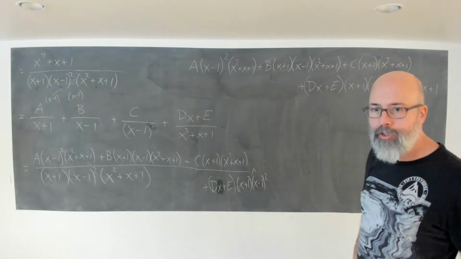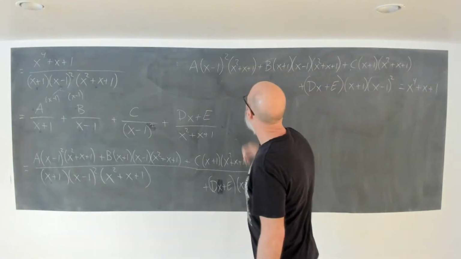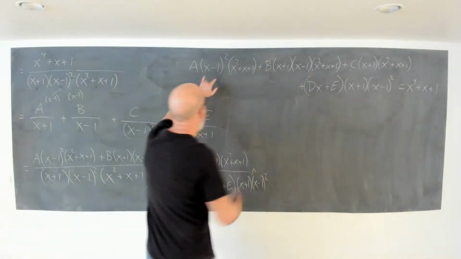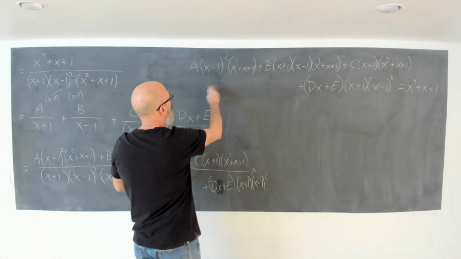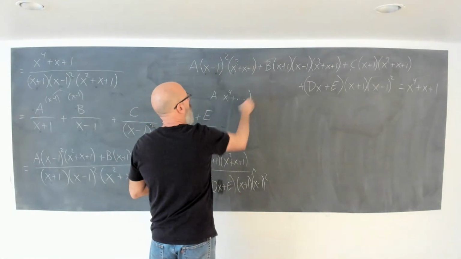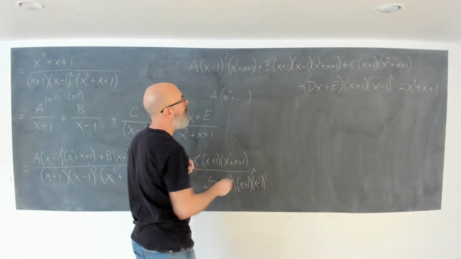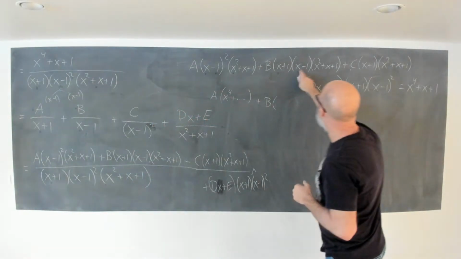We have two options here, but if you expanded everything, let's just think about what would happen here. Here you'll have an x squared times this, so you'll have ax to the 4 and other stuff. Here you'll have b times x times x times x squared.